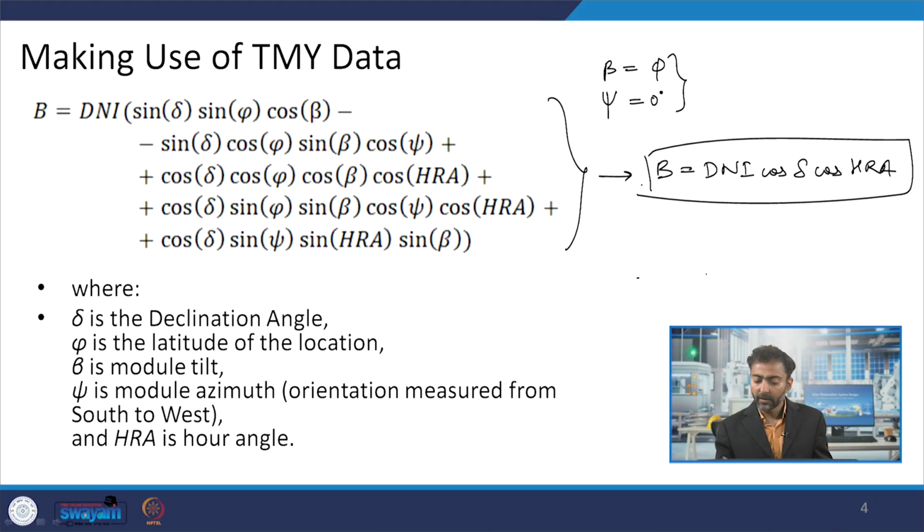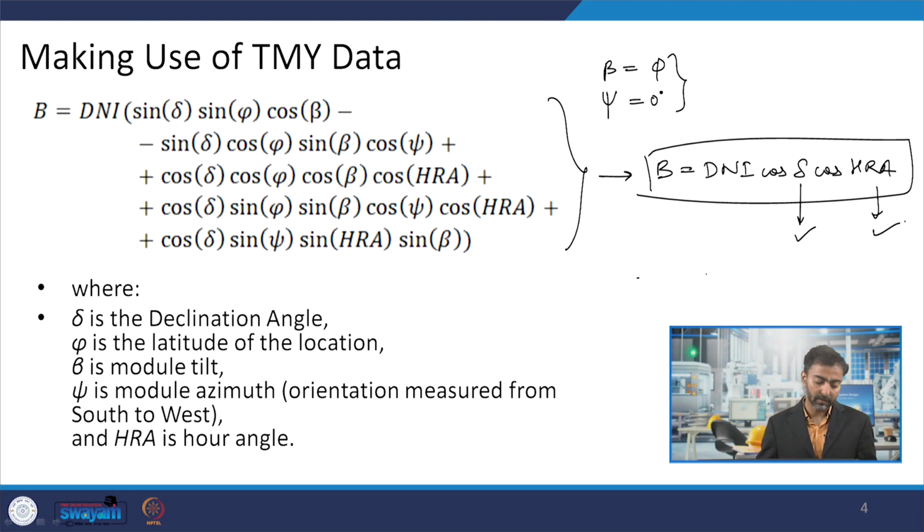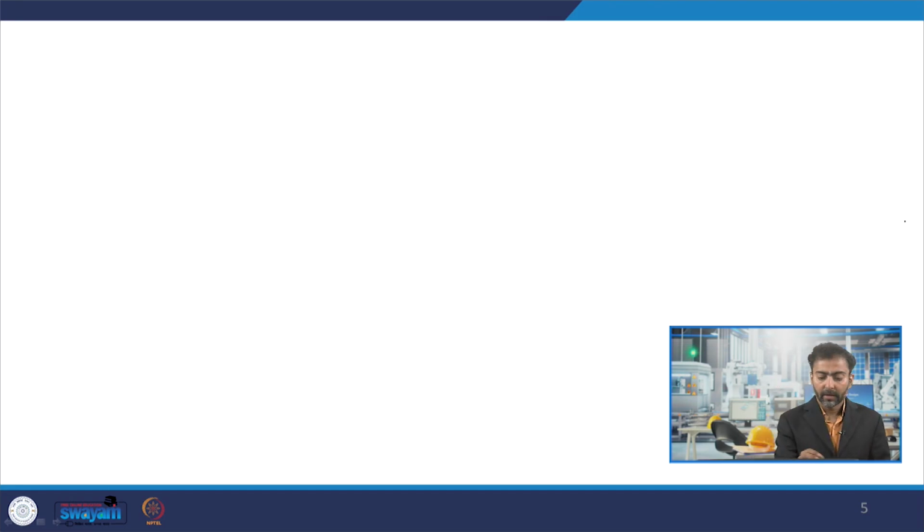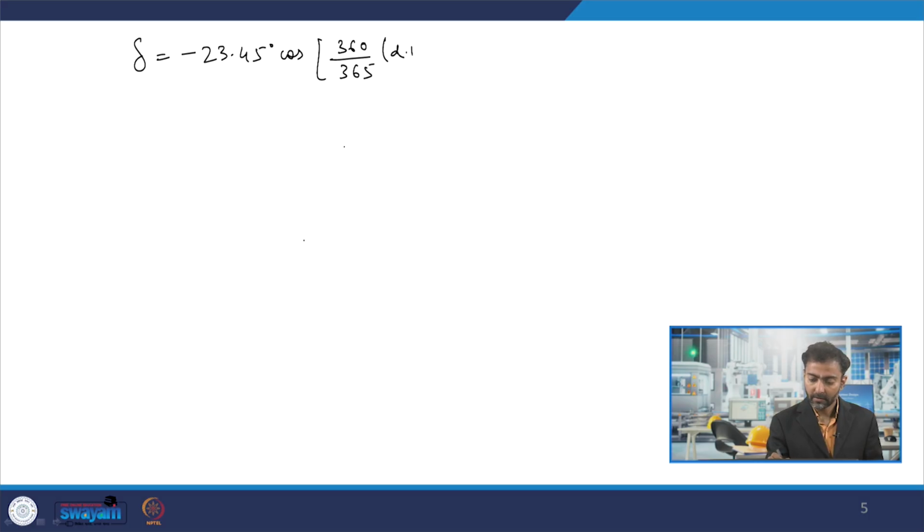So, basically DNI is already given, we need to estimate the delta and the HRA, the hour angle. If we estimate these two, then the beam component is done. So, let us do this step by step. Delta, as we discussed in the previous lecture, is given by this equation, minus 23.45 degree cos of 360 over 365 into d plus 10.